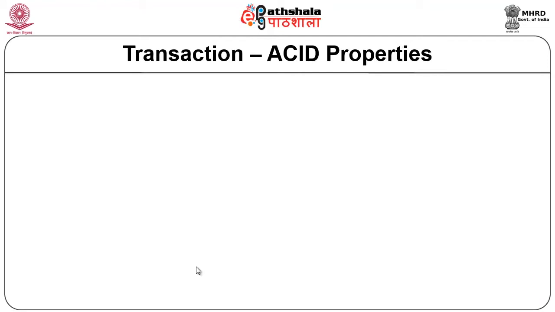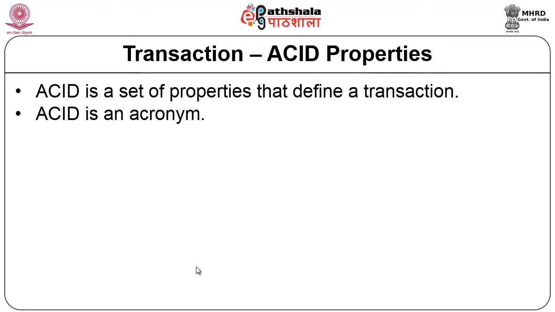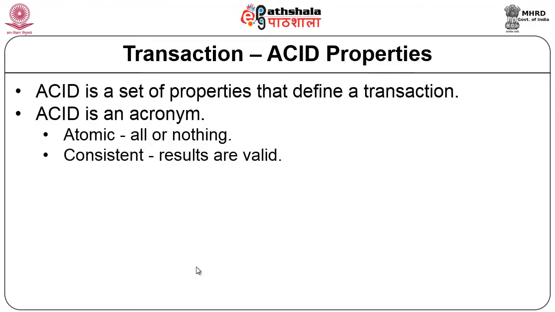Now, transactions have to follow ACID properties. Let us look at them. It's basically an acronym. A stands for atomic: all the operations or none. C stands for consistent: the results will be valid. So, if it makes partial modifications through each of its operations, ultimately there should be a valid result.